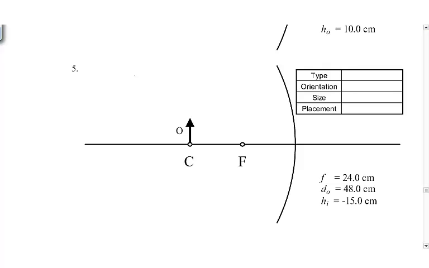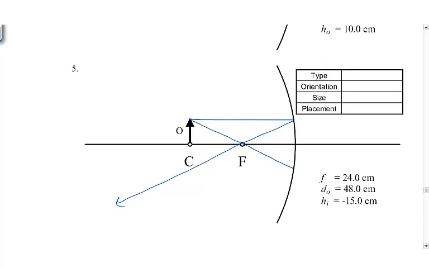Example 5. The object is at the center of curvature. Grab your ruler again, line up parallel to the axis. So parallel to the axis, and then we're going to reflect through the focus. Next rule, you can see I missed the center of that circle a little bit, and that'll affect my drawing.